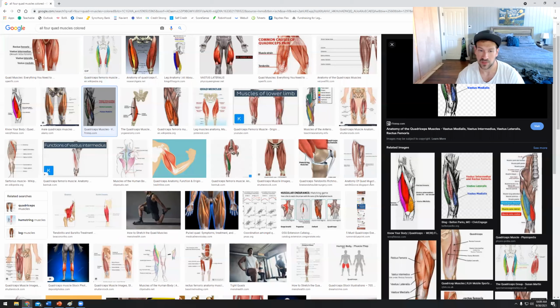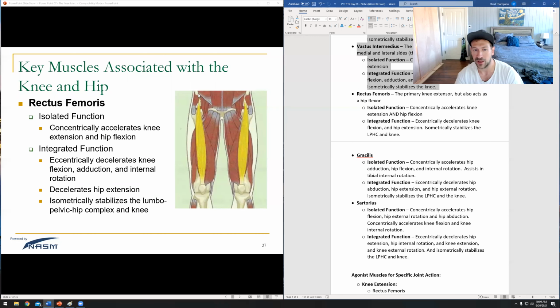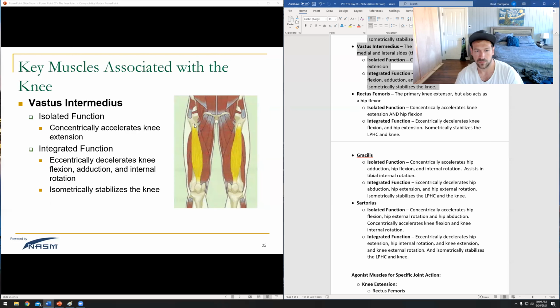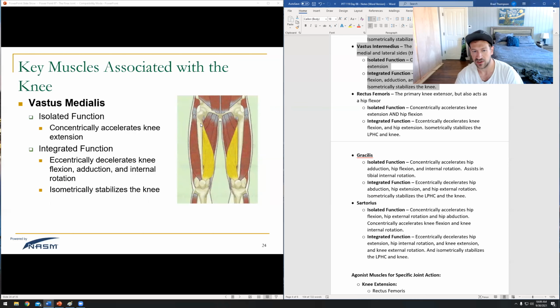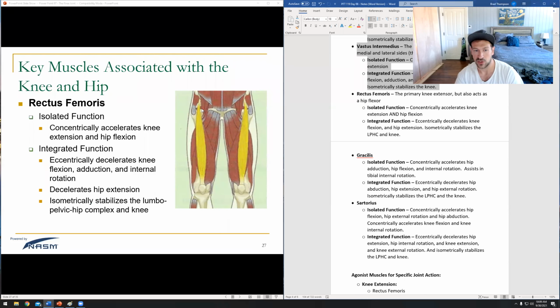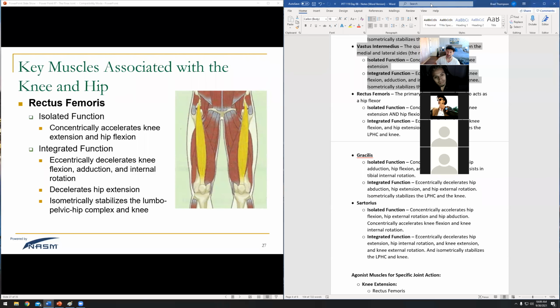So here's the thing. Notice how it runs all the way up here to the pelvis, right? Look at the other ones. They start down here on the femur bone. But your rectus femoris, which is your main quad muscle, runs all the way to the hip. And therefore, it is going to do the knee stuff, but it's also going to do the hip stuff.